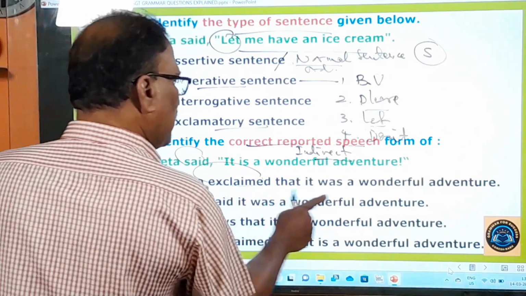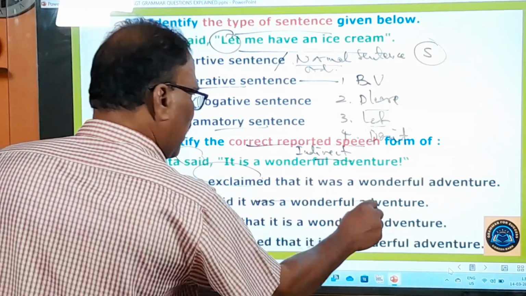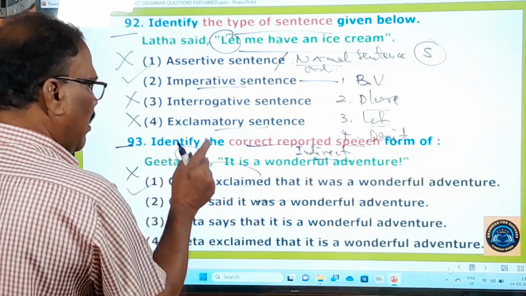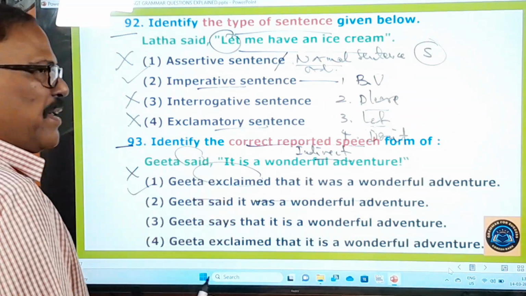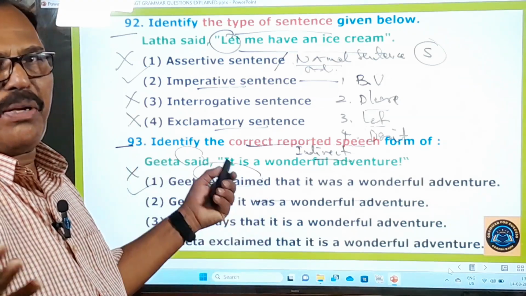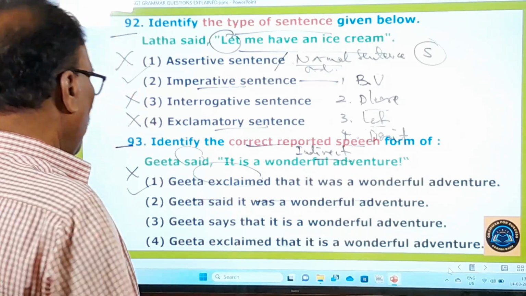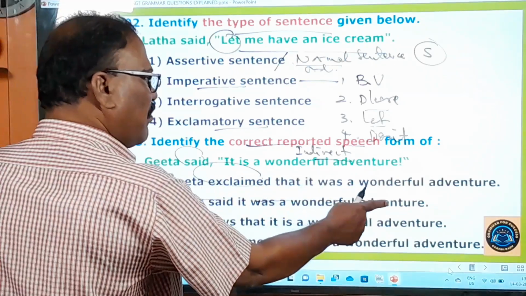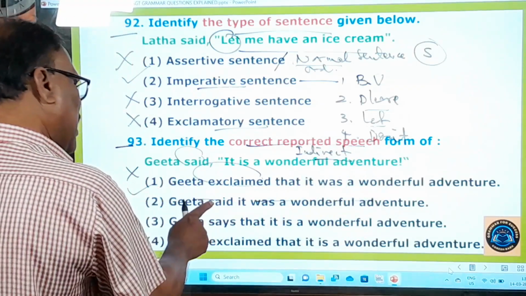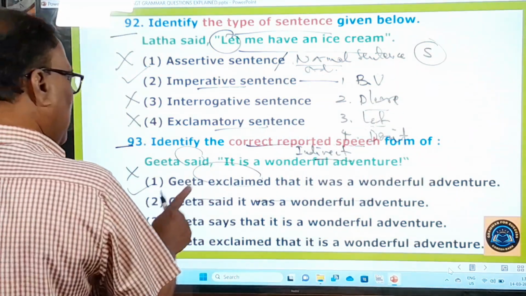Geeta said it was a wonderful adventure. So the second one is the right one. Of course, you can mention the connecting word that; sometimes you can also skip it. There will be no problem at all, and no change in the meaning. Geeta said that it was a wonderful adventure is right. Geeta said it was a wonderful adventure is also right. Anyway, the second one is the right one.